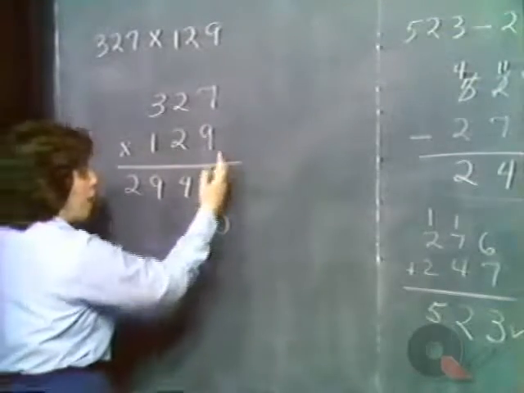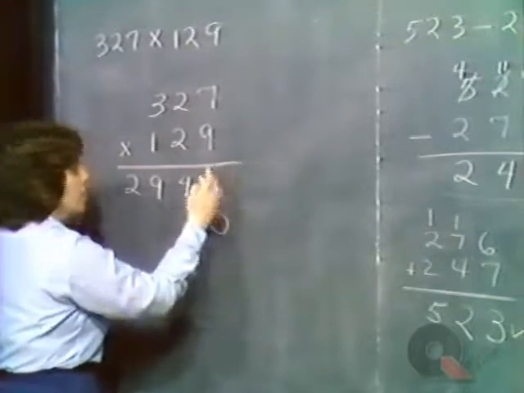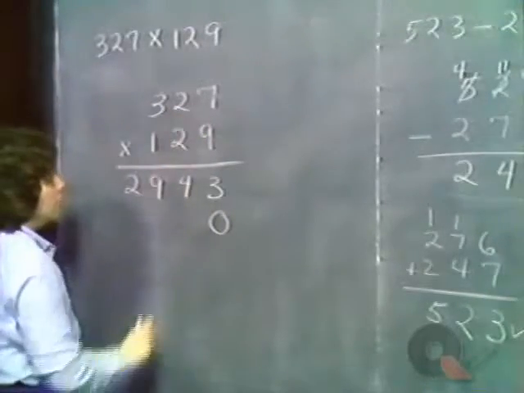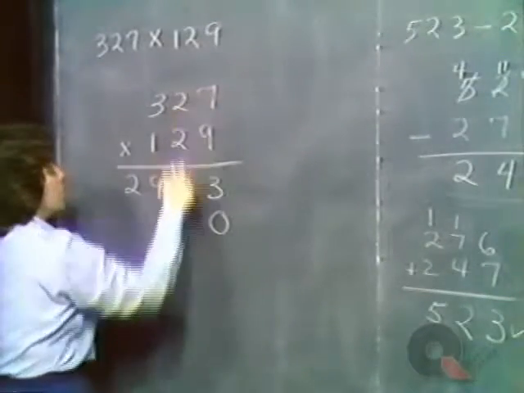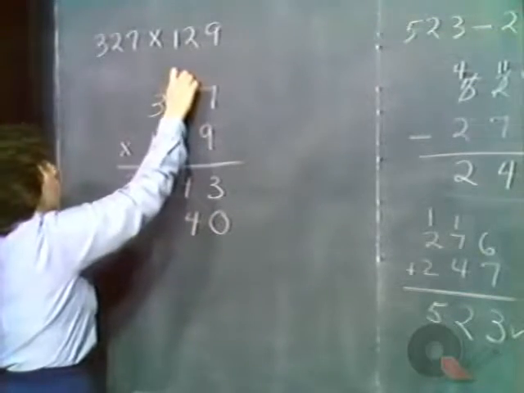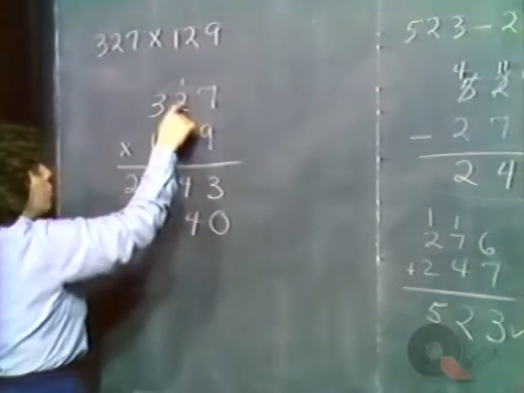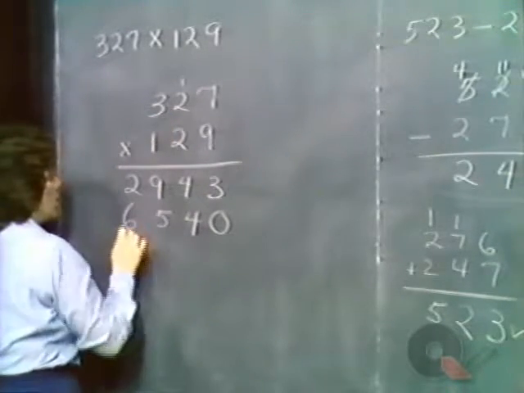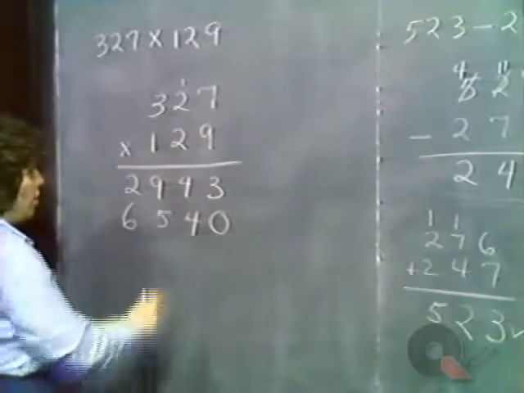The first answer you write straight on the right. The second answer, put a 0 and then write the answer. 2 times 327. Okay, let's go. 2 times 7, that's 14. Carry the 1. 2 times 2, 4 and 1, that's 5. 2 times 3, 6. So we get 654.